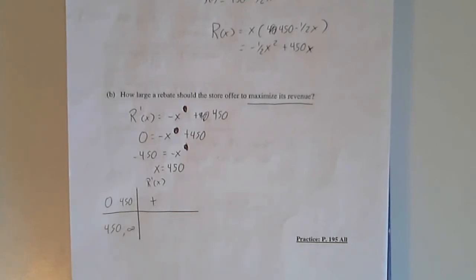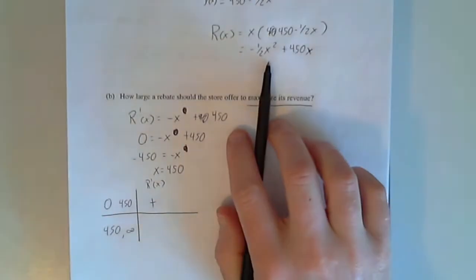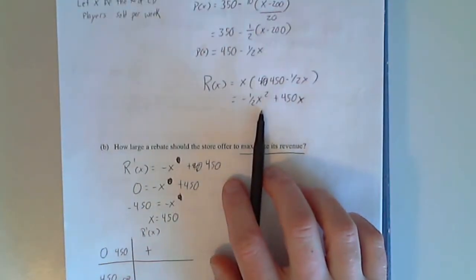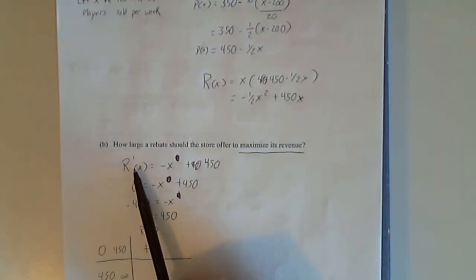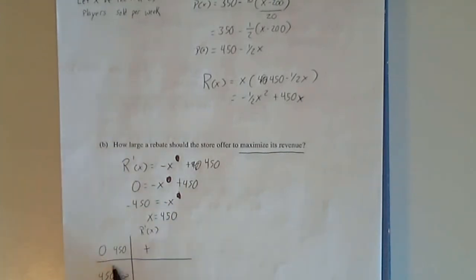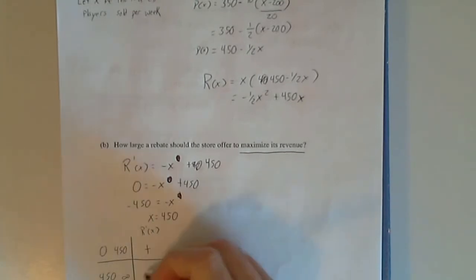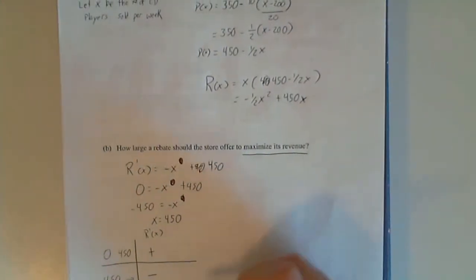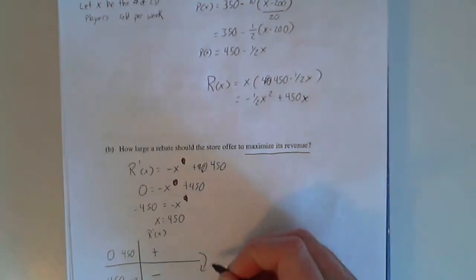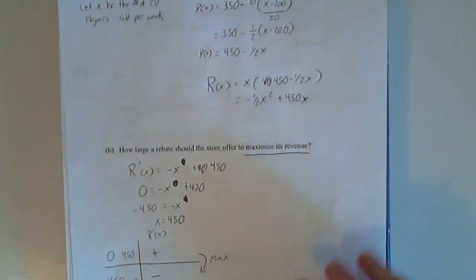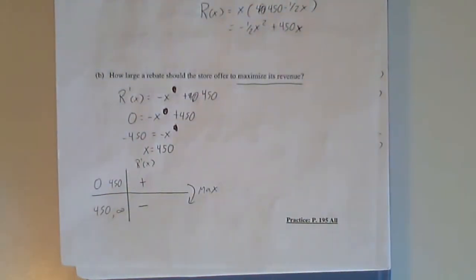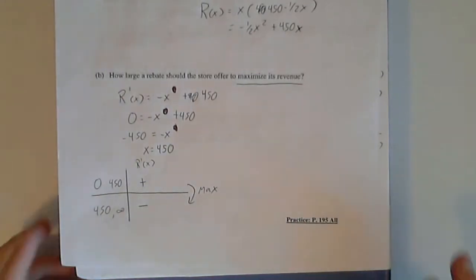We want to know when R prime is going up and when it's going down. So when I sub in a small number, it's positive, and when I sub in a big number, it's going to end up being negative. So positive to negative is a max. So nice and easy to check. Just sub the numbers in, and you found a max.